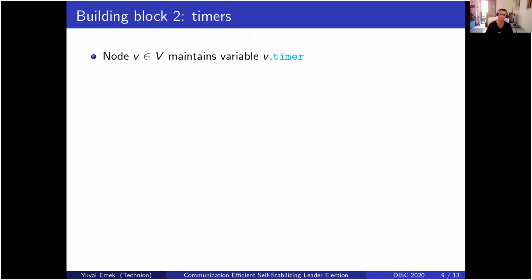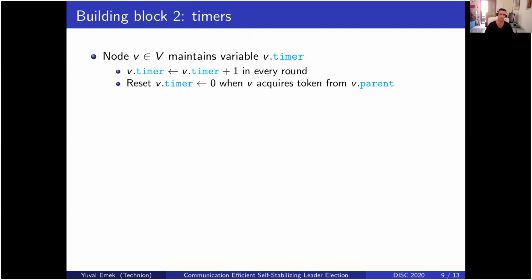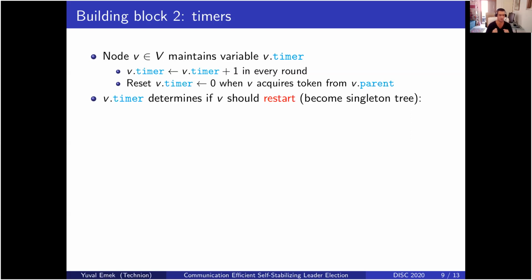Okay, the second building block that our algorithm uses is a set of timers. Each node V maintains a V timer variable. This variable is incremented in every round and is reset back to 0 whenever V acquires a token from its parent in the tree. Now, this variable determines if V should call a designated procedure called restart, essentially turning V into a singleton tree.